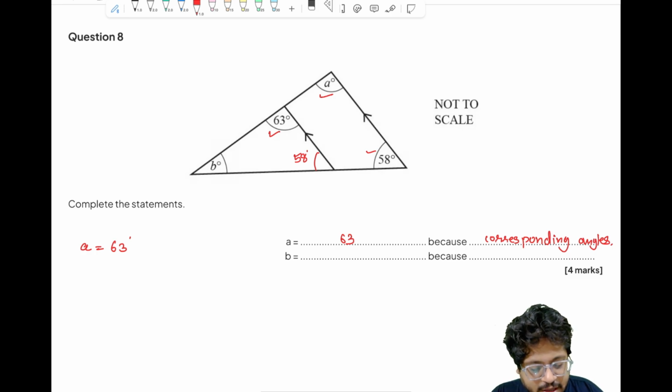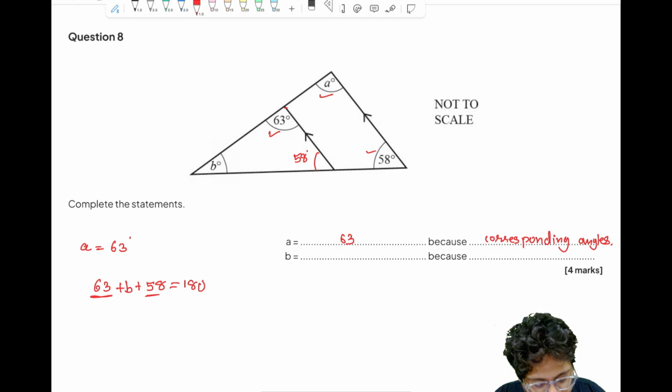So now let's see, in this triangle, if I use the angle sum property, then 63 plus B plus 58 is equal to 180. The reason must be angle sum, but let's write this reason directly in the blank. We just first find the value of B. So if you add 63 plus 58, that will be 121, plus B is equal to 180.